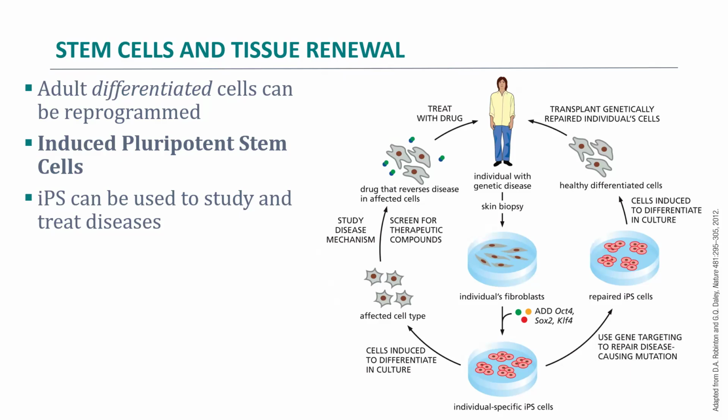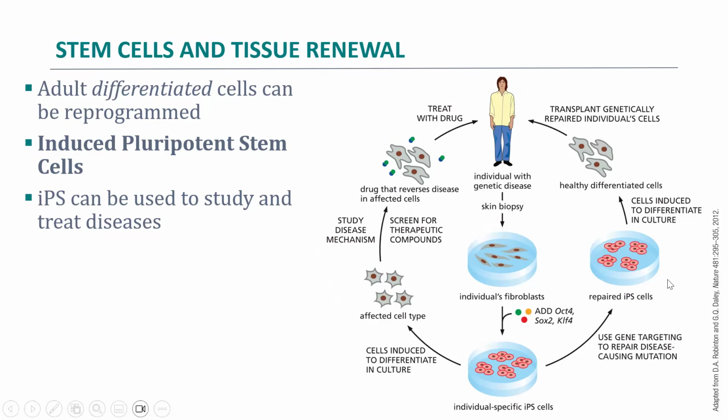And now it's like I can take a cell that's at this state and I can regress it back into a version of a stem cell and see if I can reprogram it to become healthy or create healthier tissue. So again, there's two pathway routes we can do. We can take these now induced pluripotent cells and I can use them to gene target. I can introduce into these induced pluripotent cells the gene targeting therapeutics that I want to have put back into the human to treat the disease state.